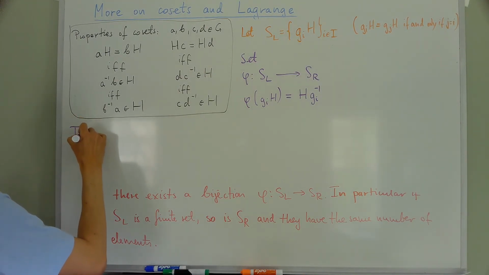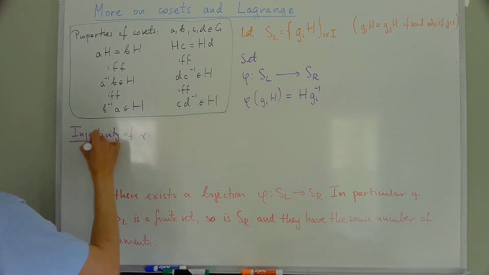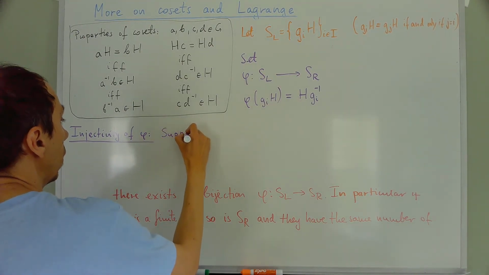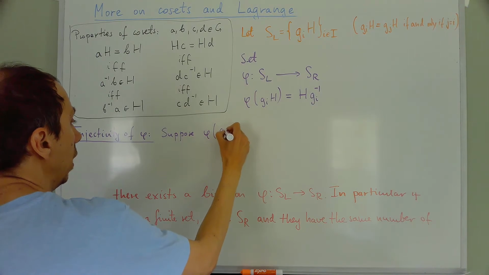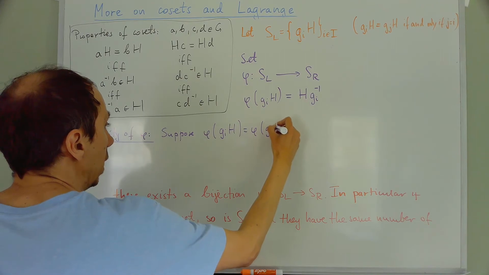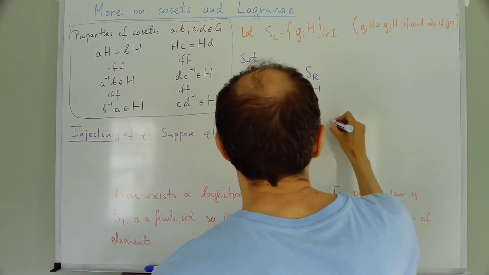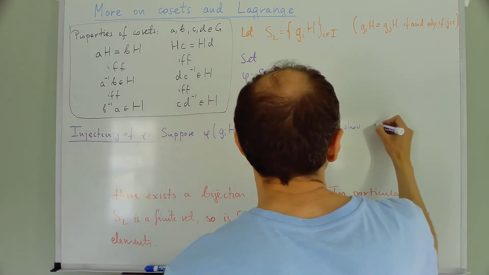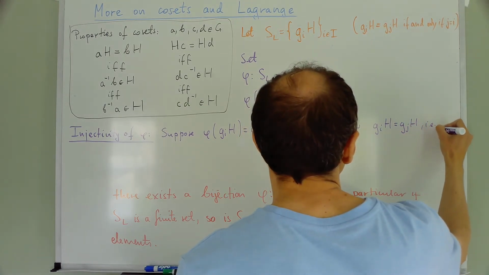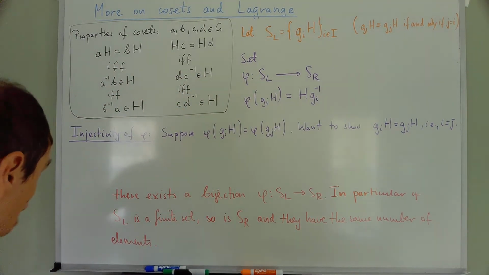So injectivity of phi. Suppose phi of g_i H is equal to phi of g_j H. What do I want to prove? I want to show that g_i H is equal to g_j H, i.e. that i is equal to j. All right, so let's do that.